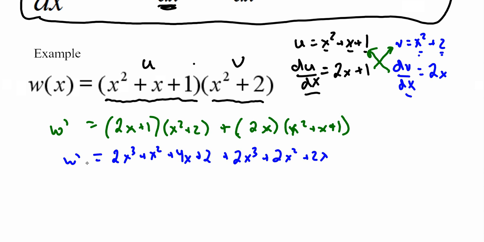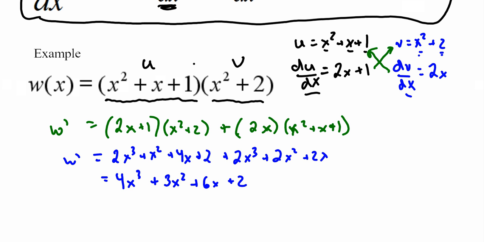That equals w prime. From here, we're going to combine our like terms. We're going to have 4x cubed plus 3x squared plus 6x plus 2. And so that would be our simplified derivative.